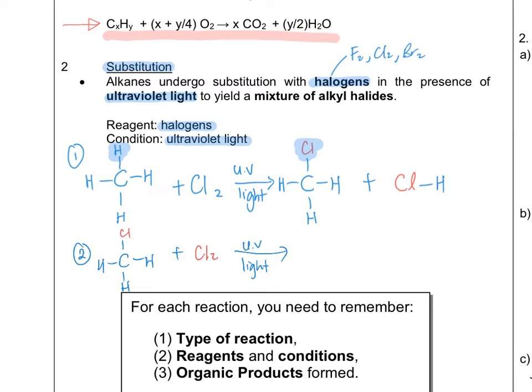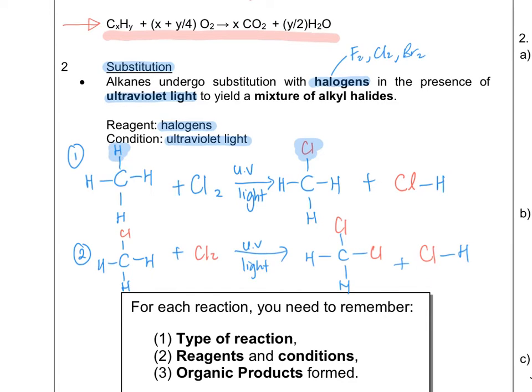I will have now another hydrogen being substituted, and I get another HCl. This carries on until all your hydrogens are substituted. So this is called a substitution reaction. I just want to say this again: substitution reaction is one that is unique to alkanes according to our syllabus at O levels.